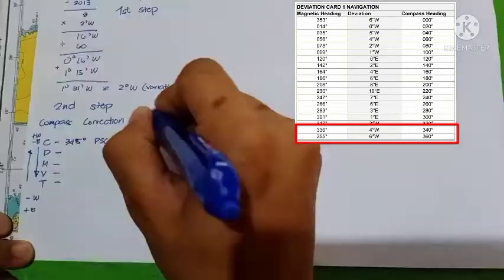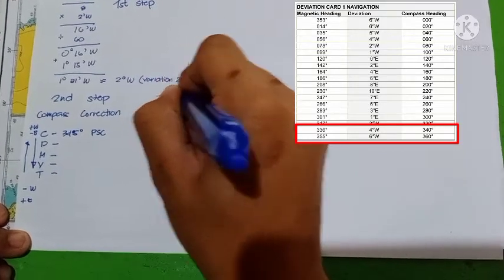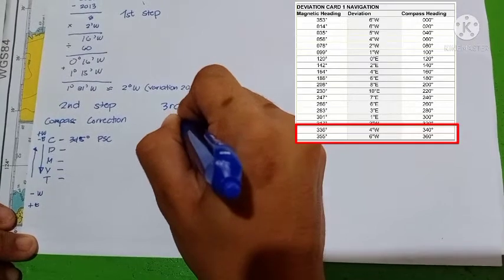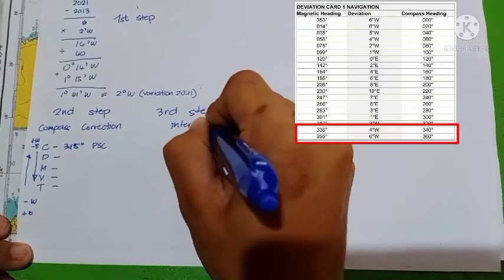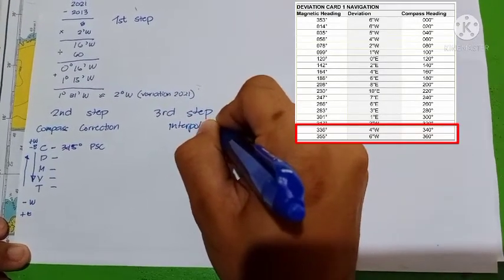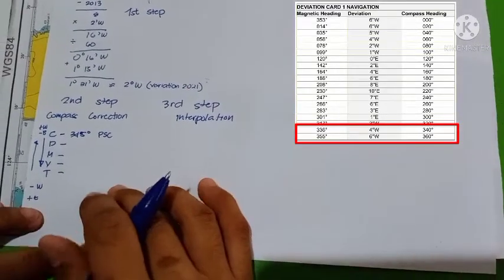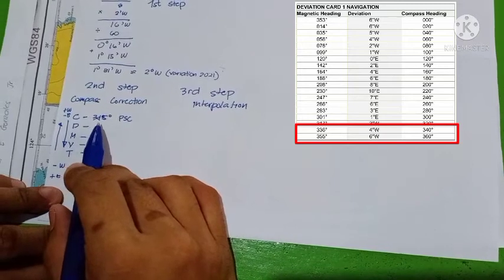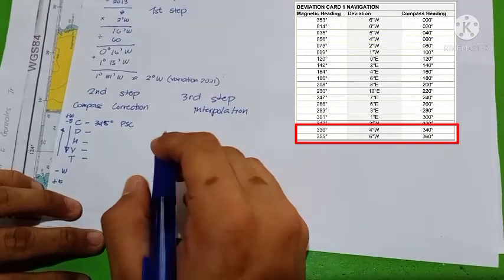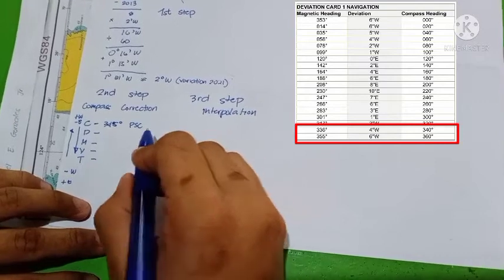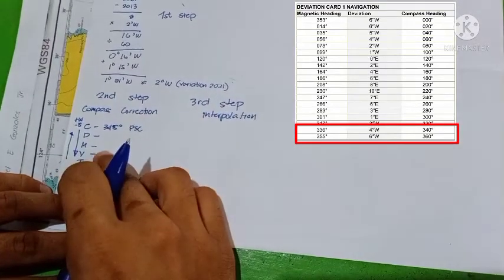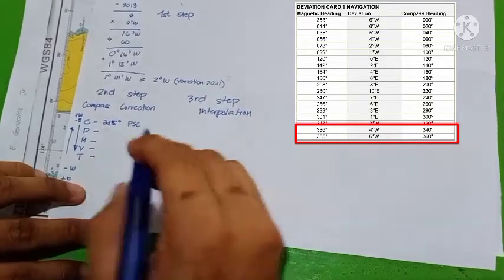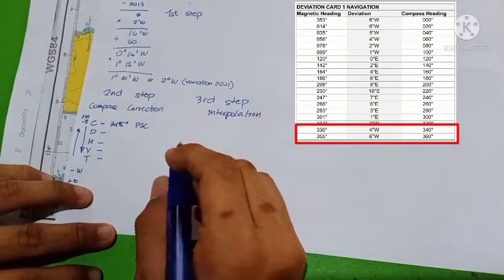For the third step, is the interpolation. Since 345 is in between 340 and 360, we're going to find their difference.